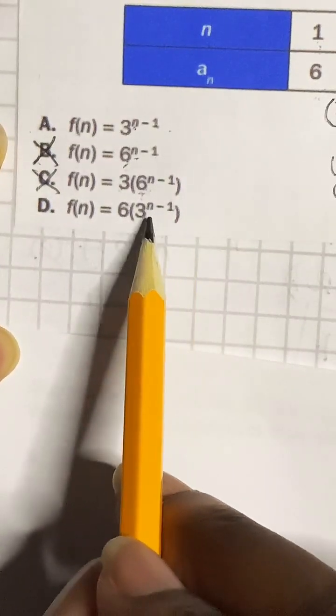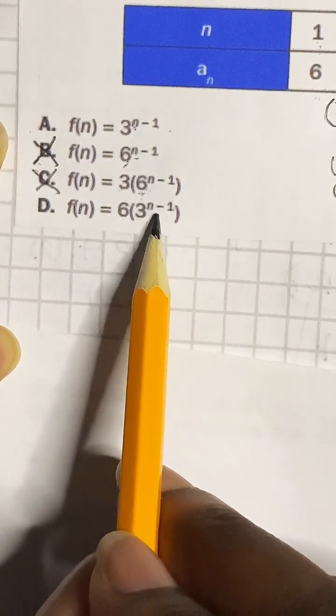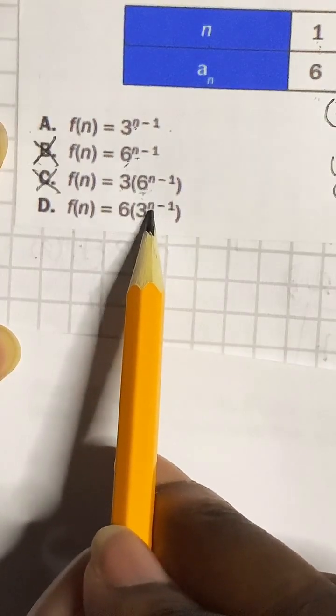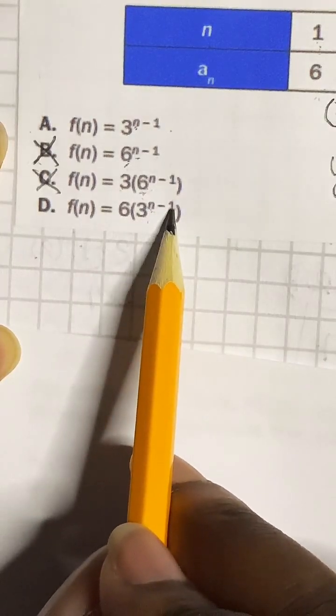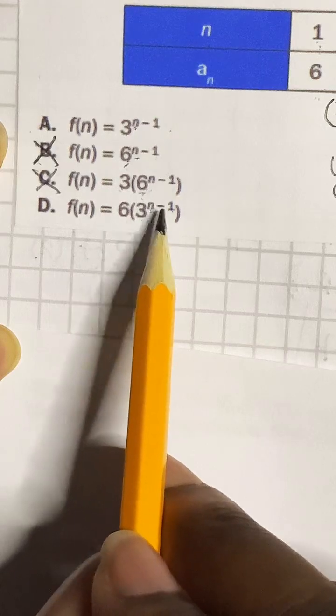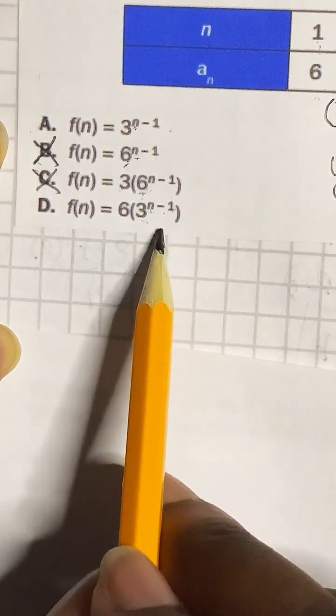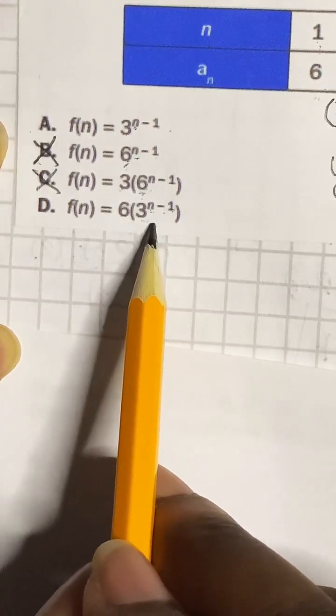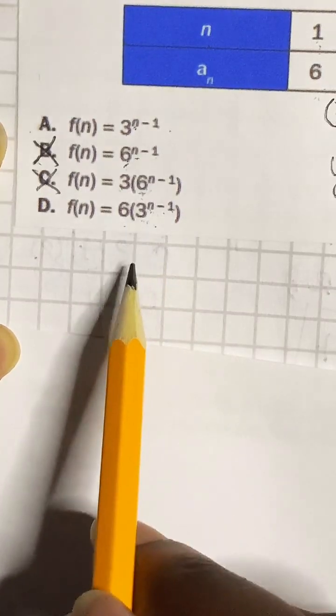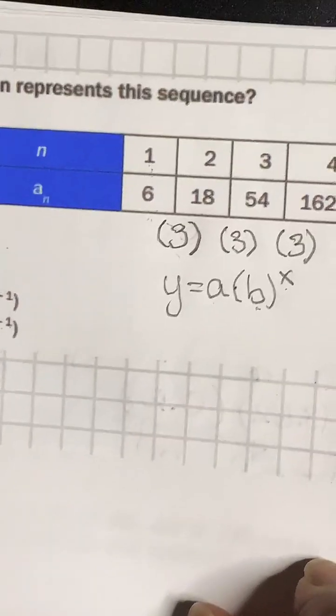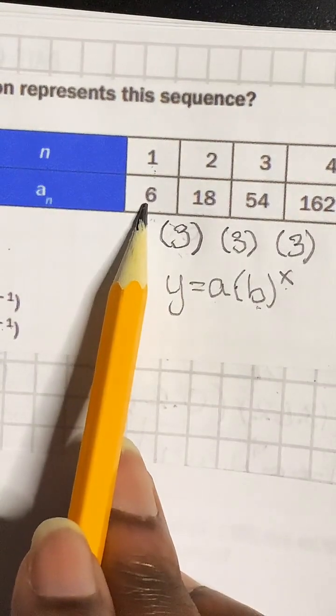So when I plug in a 1 for the n, 1 minus 1 gives me 0. 3 raised to the 0 power gives me 1. So that means inside that parenthesis is 1. And 1 times 6 gives me 6. And we do have an answer of 6 right here.